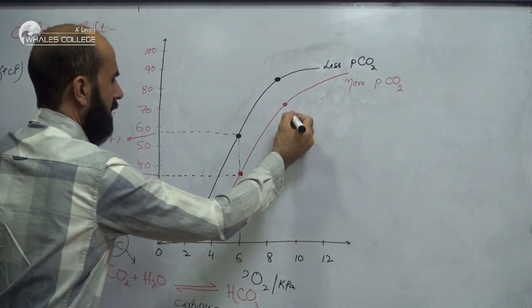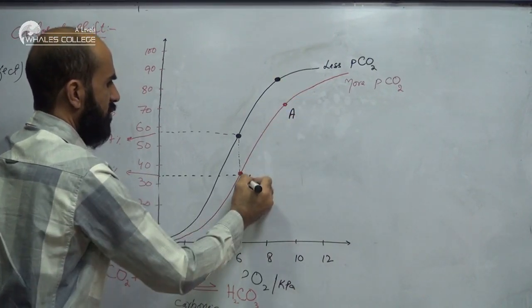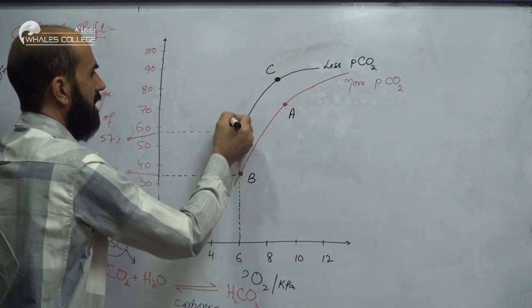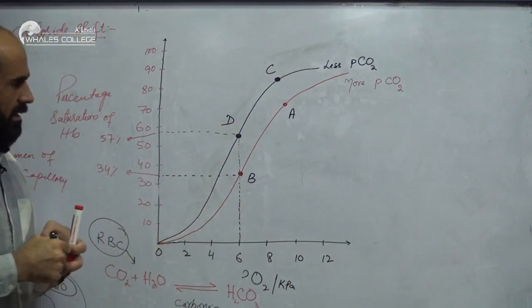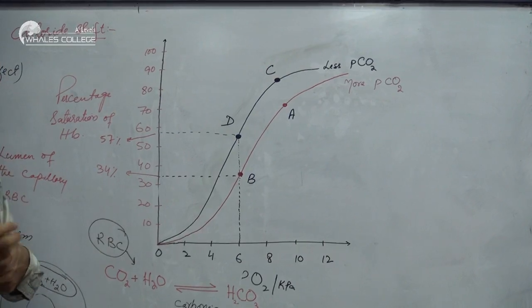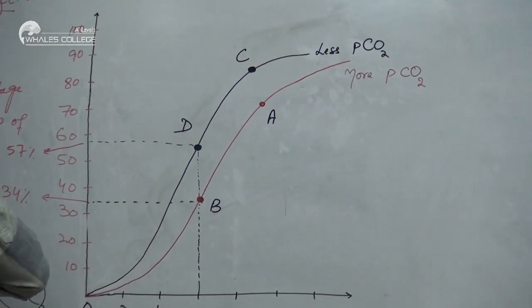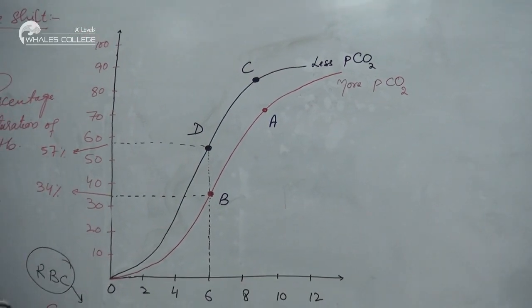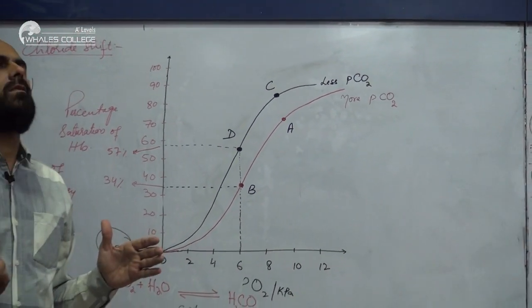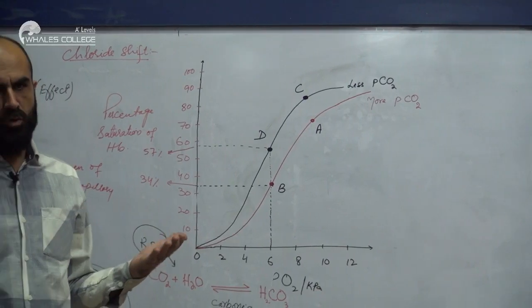So it is A, B, C, and D. Now they will ask a question like in an MCQ: a person is exercising and another person is relaxed in his room, studying something.